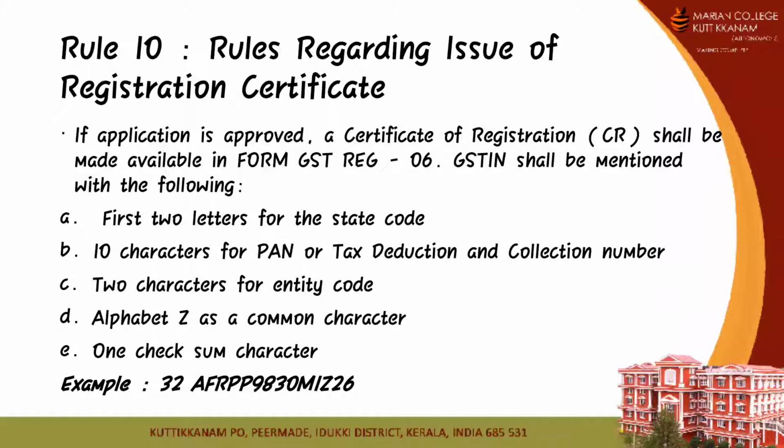The first two letters of this GSTIN mention the state code. That means for the GST system, each state has a particular code. The next 10 characters show the PAN number of that particular supplier, or it can be a tax deduction and collection number, depending on the situation. After these 10 characters, we have 2 characters for entity code.